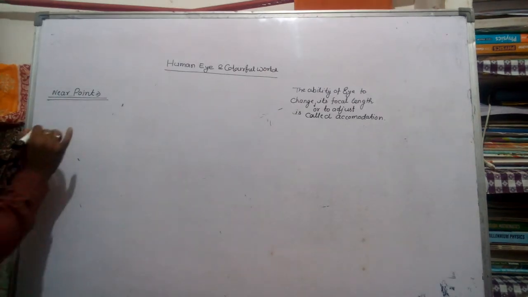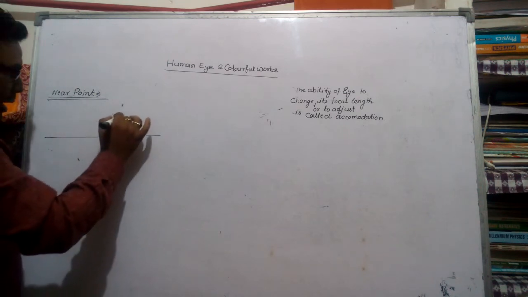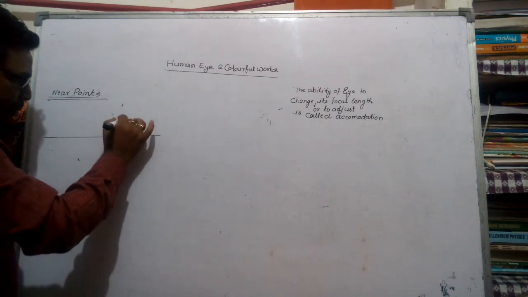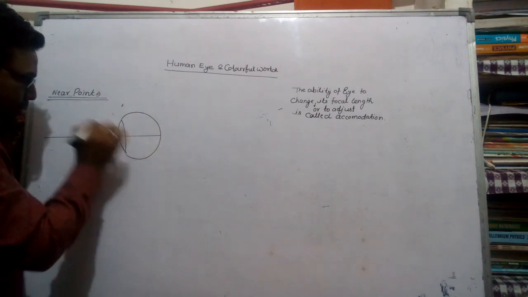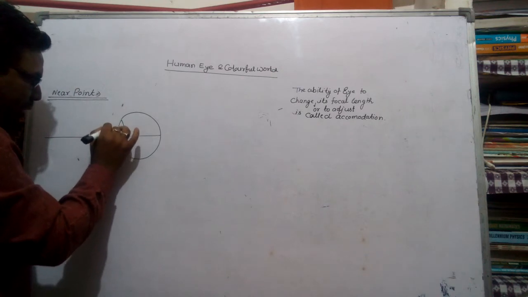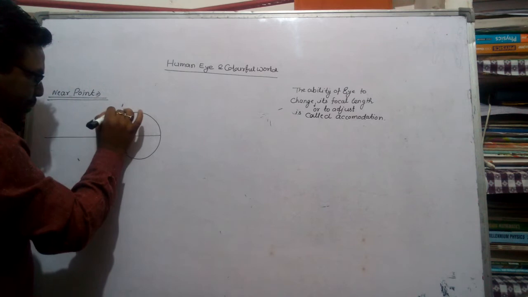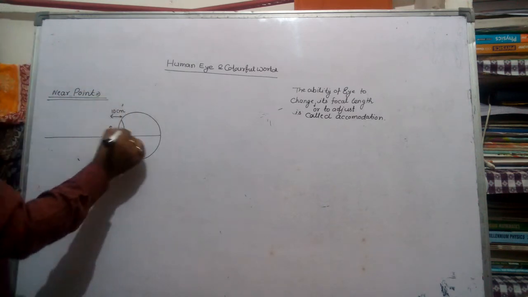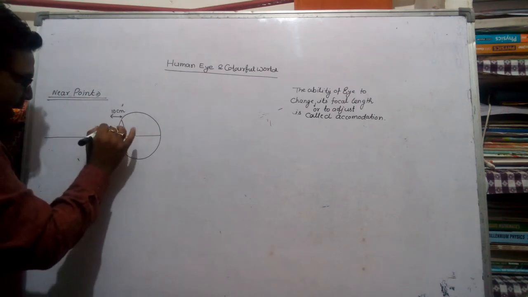Near point. Look at this, beta. This is the principal axis and this is the human eye lens. This is the general condition. The object is placed here at this point. Suppose this distance is 10 centimeter from the eye. The object is seen blurred.